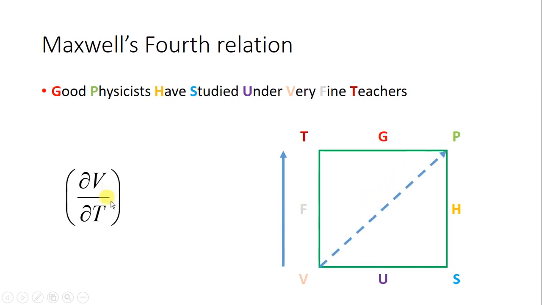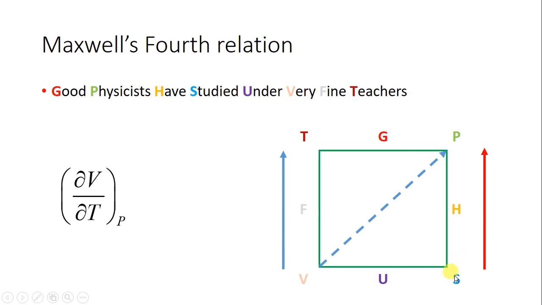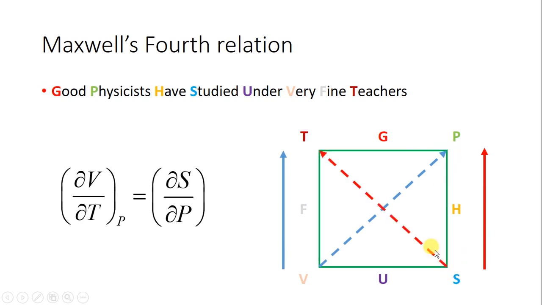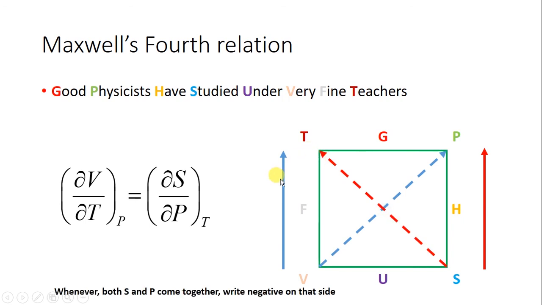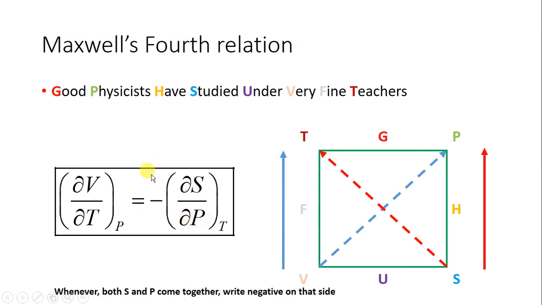Pressure. So ∂V/∂T when pressure is held constant. Similarly, draw an upward arrow on the right side. You can write ∂S/∂P, and when you draw the diagonal, temperature is constant. Again you have to remember the sign convention. Whenever S and P come together, it should be negative. So the right side will be negative. So this is the fourth Maxwell relation.